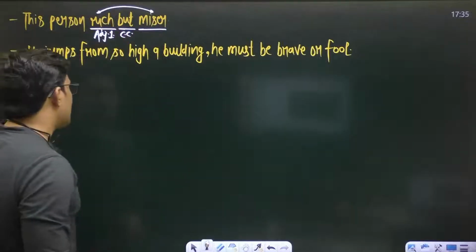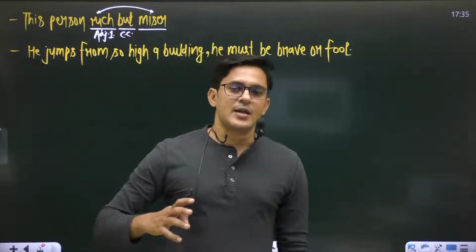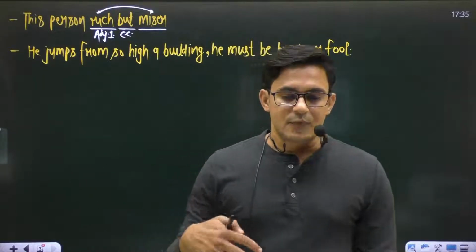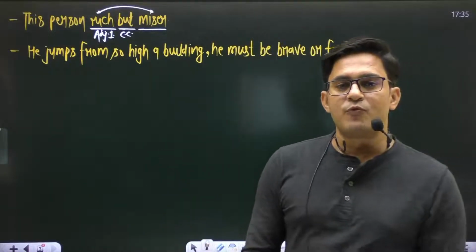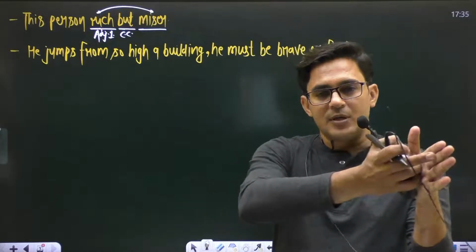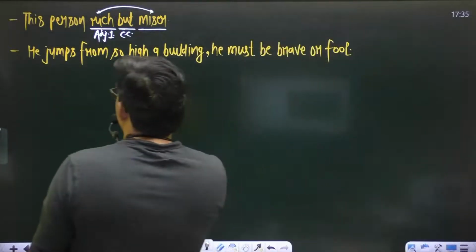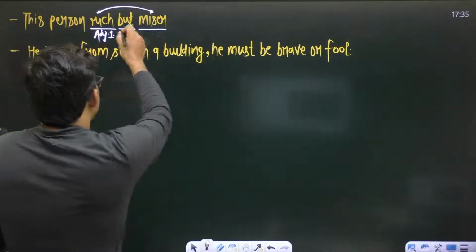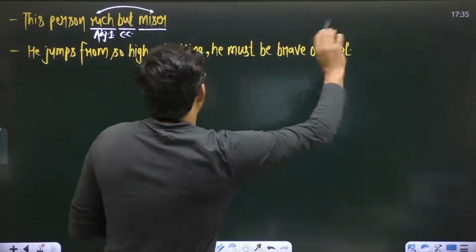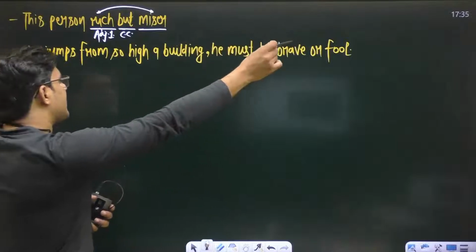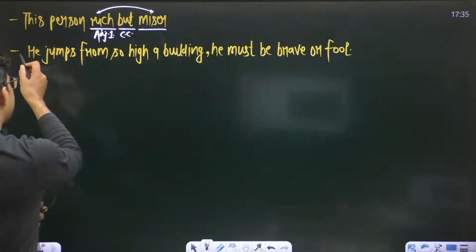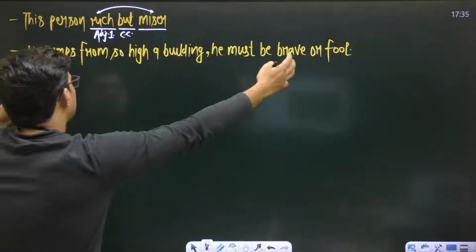And make sure whenever you write or read in English, we move from left to right. From the left hand we start and go till the right hand, and after completing a sentence, we again start from the left and move to the right.